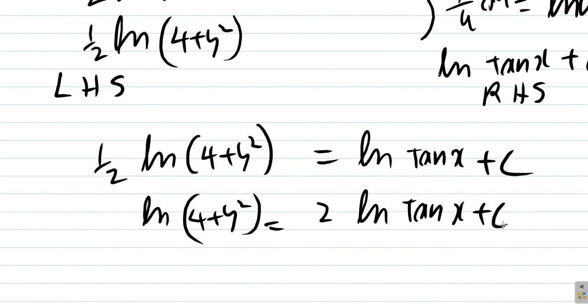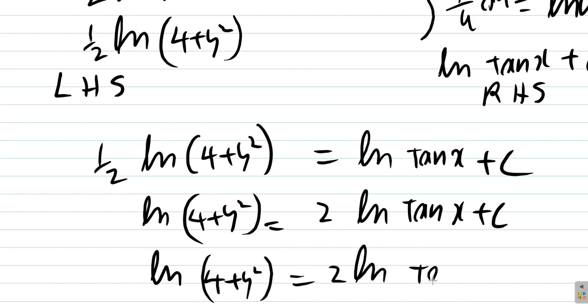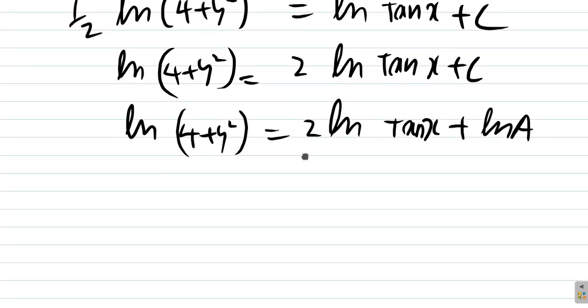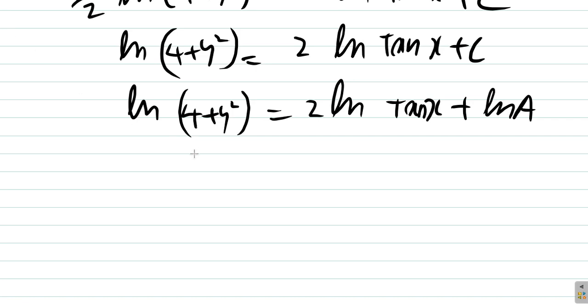So c is just ln of another constant. Let's say c is equal to ln a, or whatever it is. Ln 4 plus y squared equals 2 ln tan x plus ln a. It's a strategy to put them together.